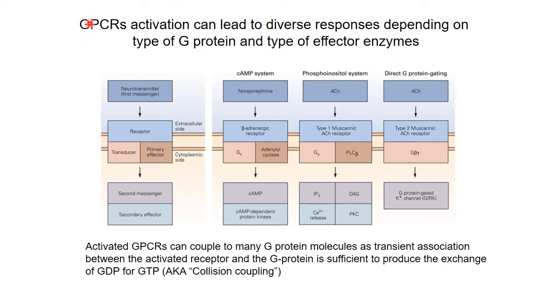What effect this is going to have downstream really depends on which type of G protein is bound to the G protein coupled receptor and what kind of effector enzymes are expressed by that cell. So we briefly talked about different systems. We can have Gs bound to this beta-adrenergic receptor, which is then going to lead to activation of adenyl cyclase and cAMP production.